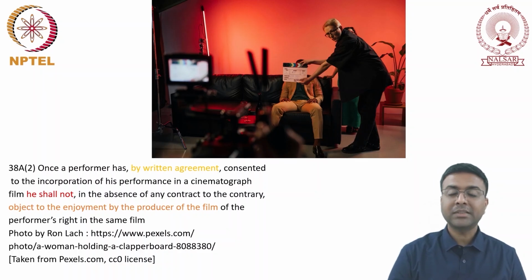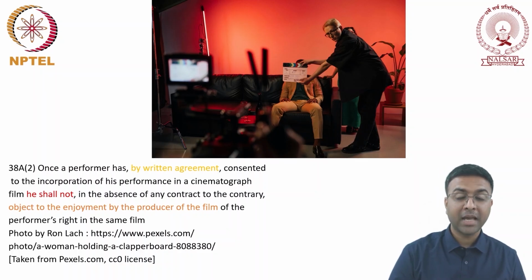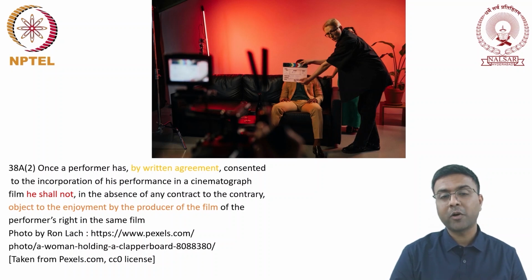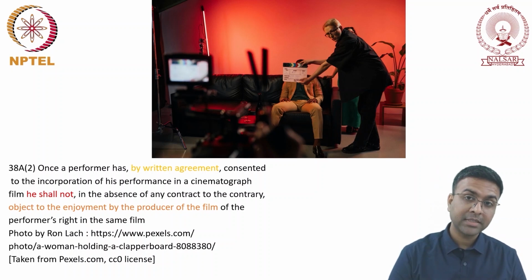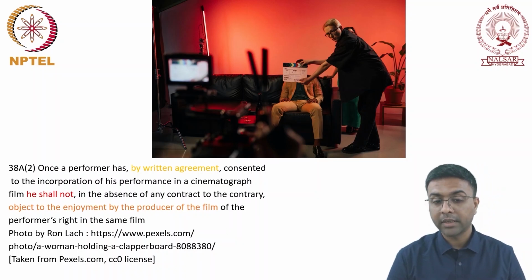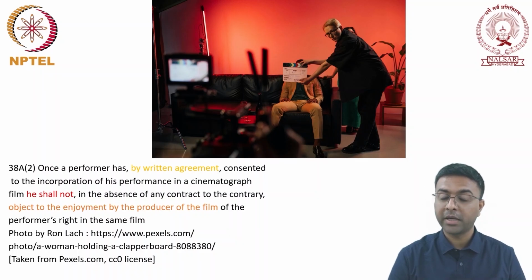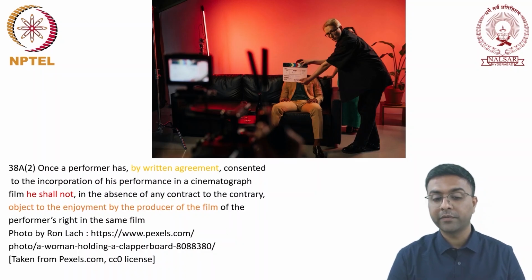But what kind of control do performers have over such performances in the cinematograph film? What this provision says is that once a performer has, by written agreement, consented to the incorporation of his performance in a cinematograph film, he shall not, in the absence of any contract to the contrary, object to the enjoyment by the producer of the film of the performer's right in the same film.